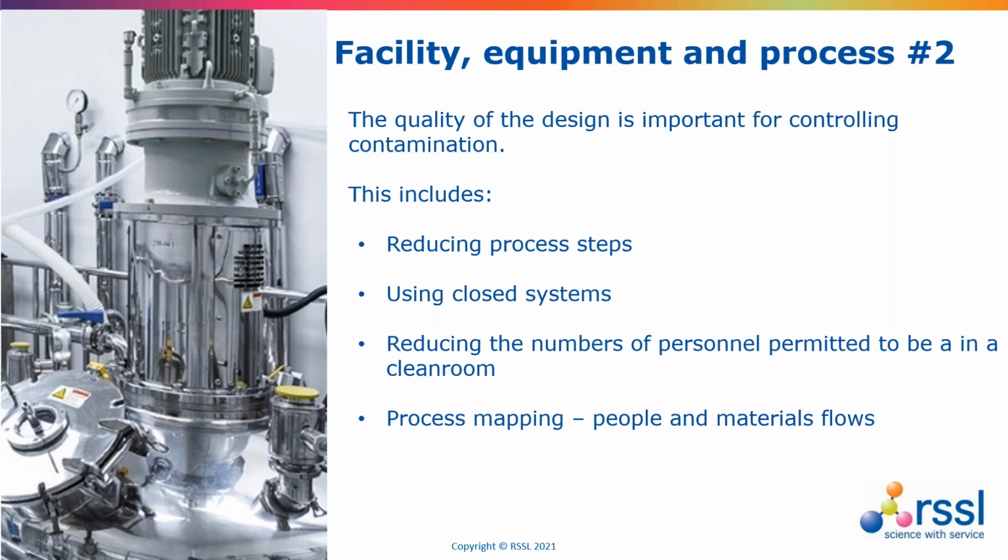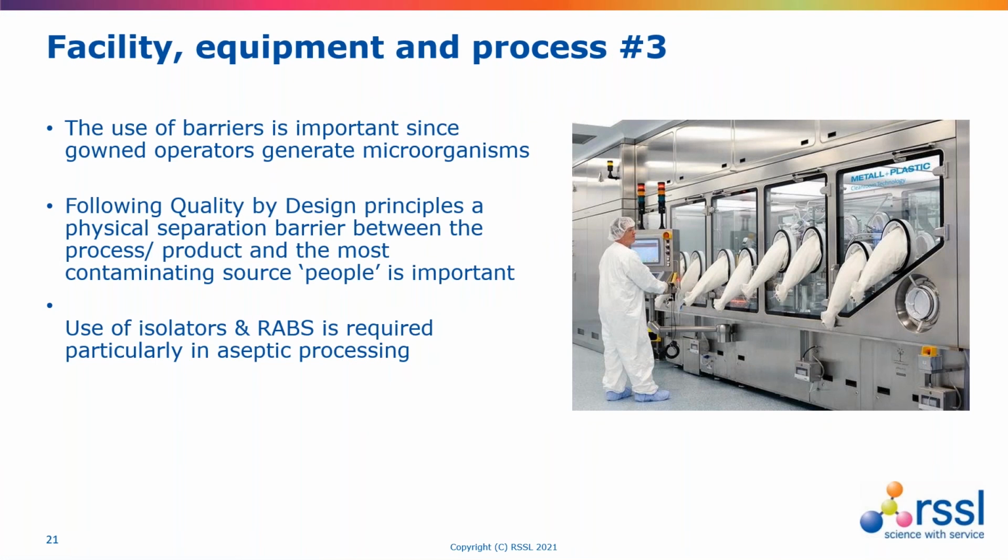And with aseptic processing, the use of barriers is important, because if we look back to operators, even well-gowned operators, as sources of particles and also of microorganisms, then we should, wherever possible, have the principle in place that there's a physical separation barrier between the process and the product and this highly contaminating source of people.